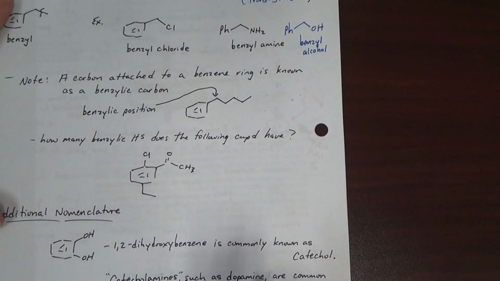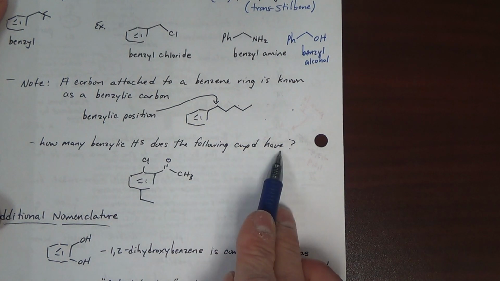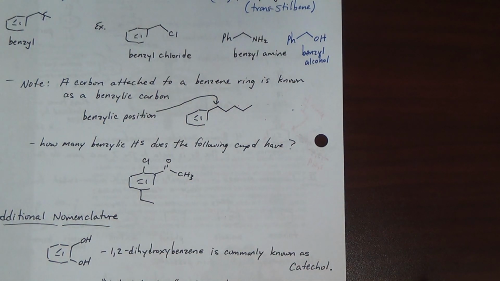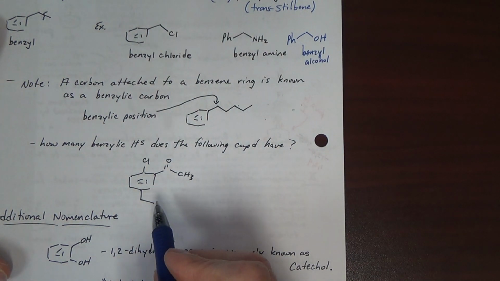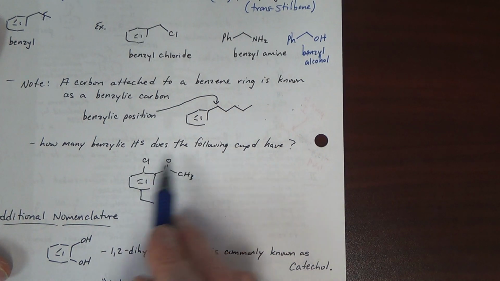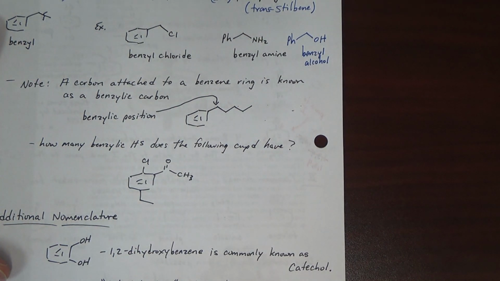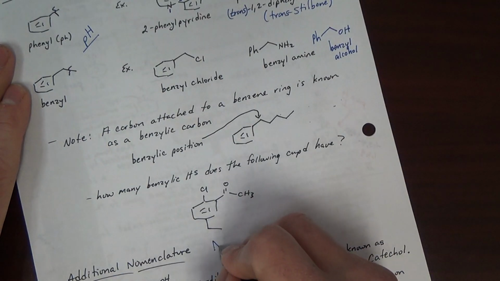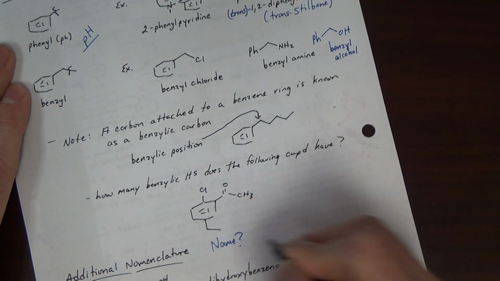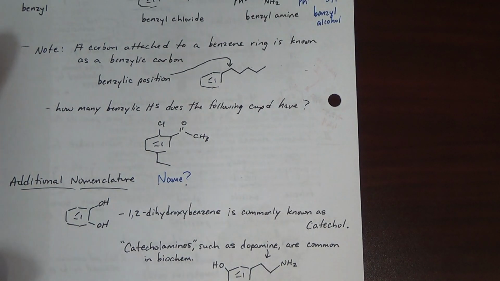We can use this terminology to ask questions such as this. How many benzylic hydrogens does the following compound have? I'll let you answer that. I'll also let you name this compound for good practice. Name that compound.